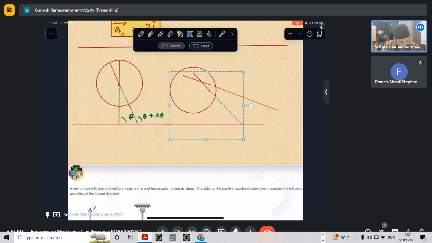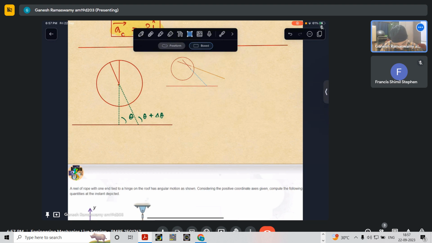But let us say I move it and then I reduce its size. So what will happen? This will be like that, and then this goes like that. It touches there. So initially this was my theta. Now this is theta plus delta theta by time t. These two will come out to be the same. The difference of these two will come out to be the same. So one rigid object can have only one angular velocity, only one angular acceleration.